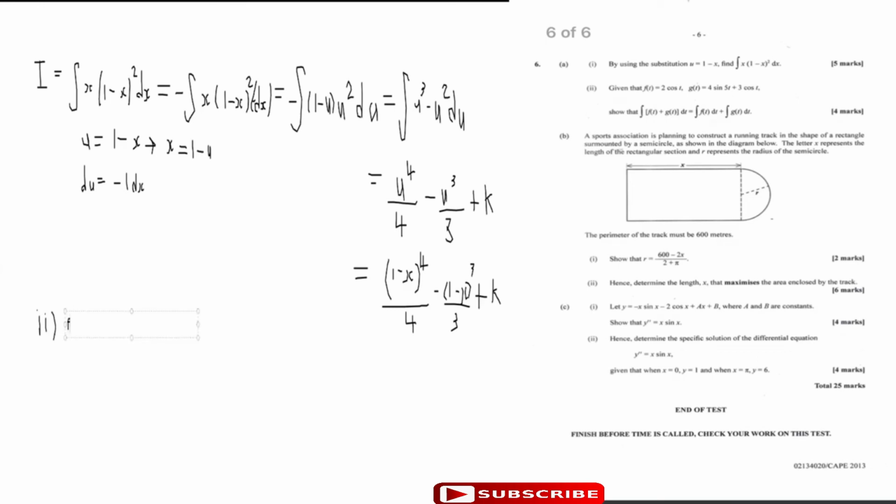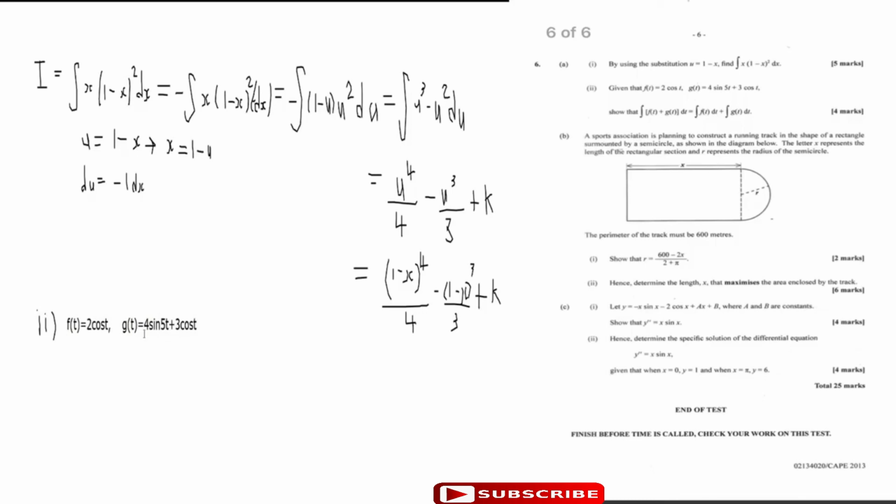It says f of t is equal to 2 cos t, and it tells us that g of t is equal to 4 sine 5t plus 3 cos t. Nice and easy. Alright, so f of t and g of t.